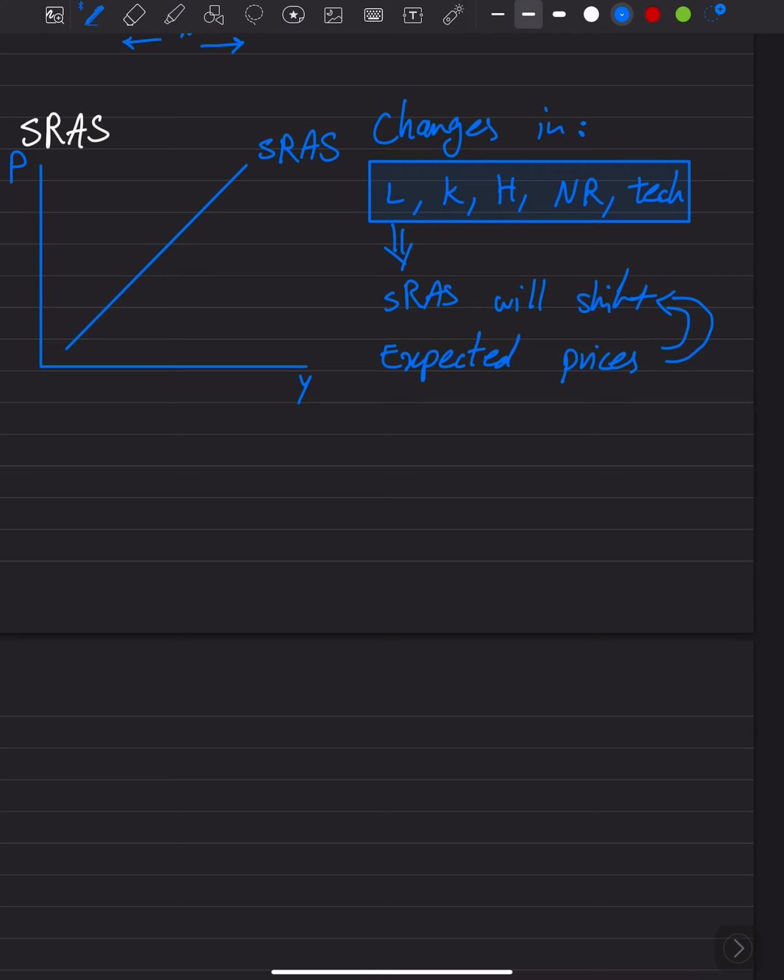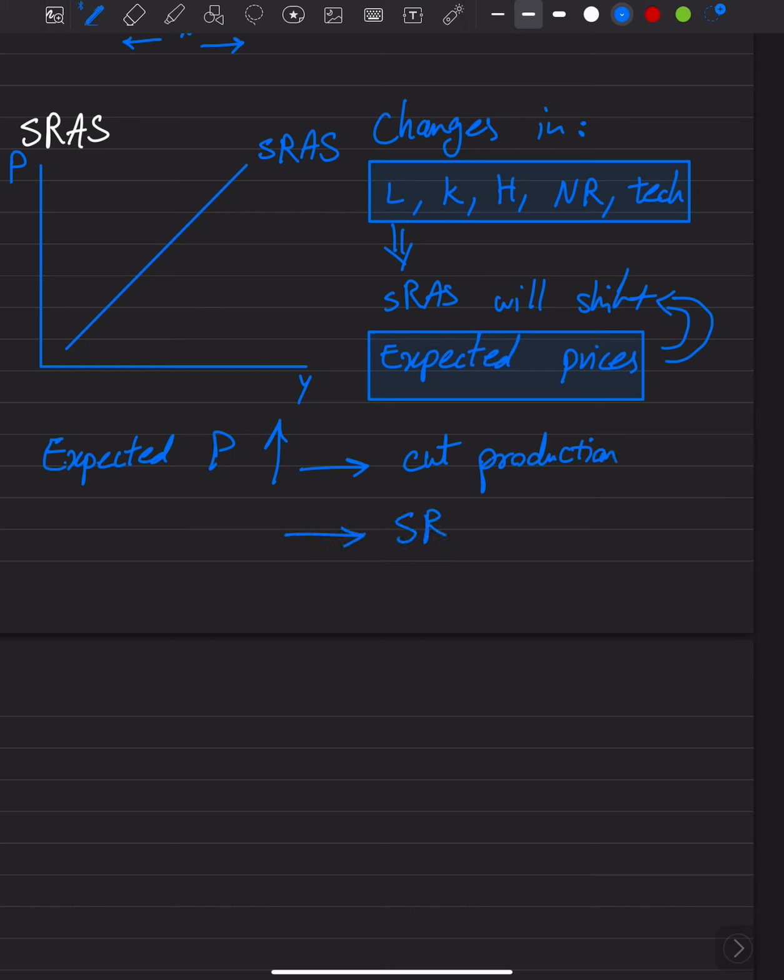These expected prices are another factor that does not affect the long run aggregate supply, but they affect the short run aggregate supply. And if businesses expect that the prices will increase in the future, they will cut the production, and then we will see the short run aggregate supply shift to the left.